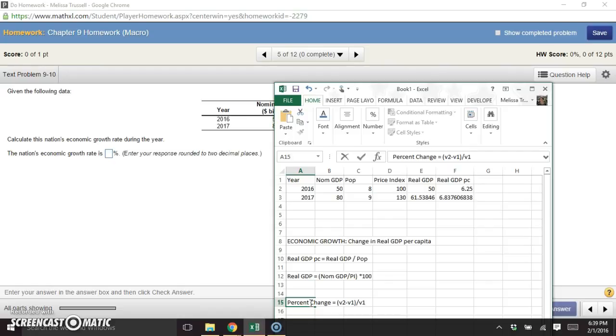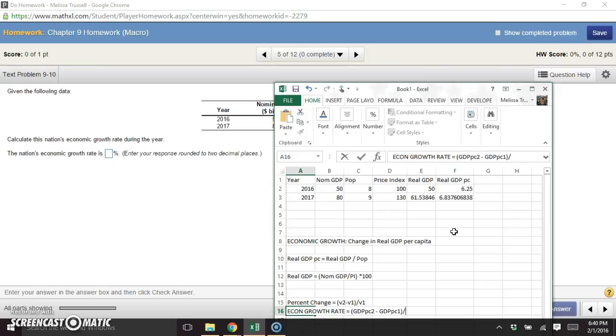You want value 2 minus value 1, all divided by value 1. So in this case, our values are real GDP per capita. So our economic growth rate is going to be our GDP per capita 2, or in year 2, which in our case, our second year, is 2017, minus GDP per capita 1, or our first year in this case, which is 2016.